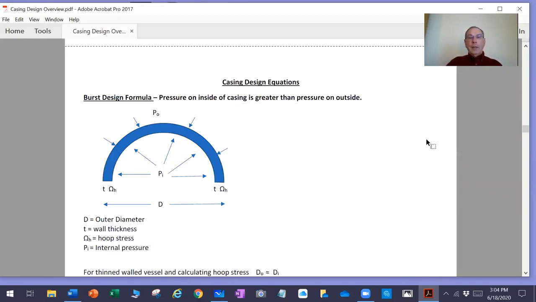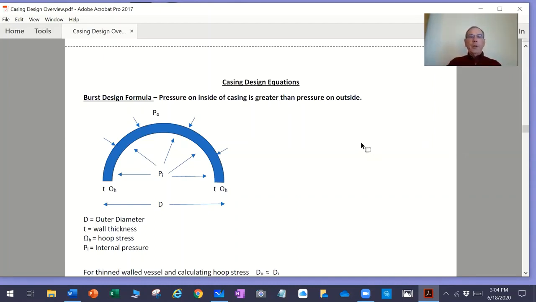Now, what this picture represents is that if we pressured up on a piece of pipe to the point that it tried to break the pipe apart in this manner, we would exceed the hoop stress that the rating of that pipe would break it apart in this manner.